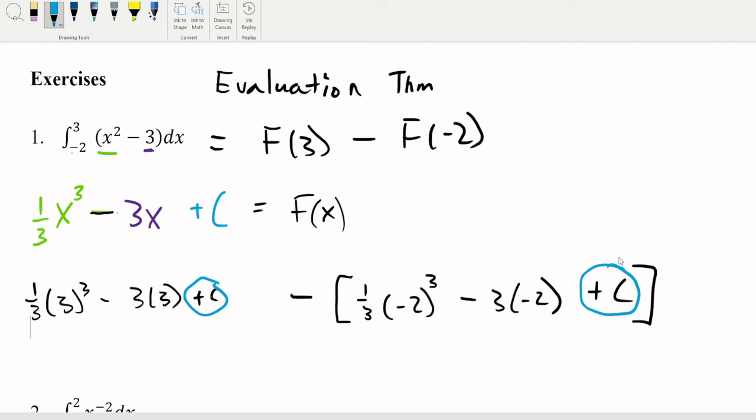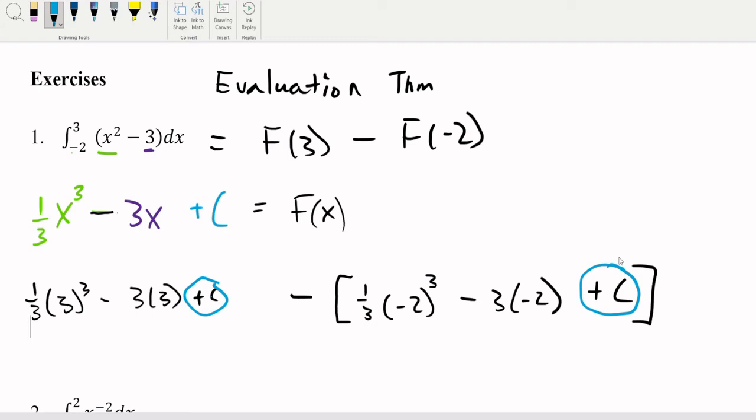The constants will cancel. Because remember, the constant is just, you can think of it like a shift. So if I want to know what's happening for F at -2, but you've shifted that function up by 1, well then to figure out how it's going to have changed from -2 to 3, that F of 3 will also have just been shifted up by 1.